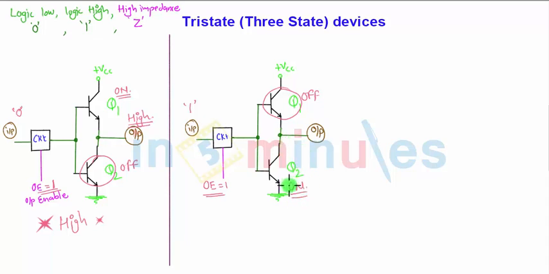Since Q2 is turned on, the output pin, whatever is present, is shorted to ground, or pulled down by Q2 to ground, hence the output will be low, that is 0. So for input 1 or high, the output is low. This is the second state we analyzed here, that is the low state with the tri-state device.